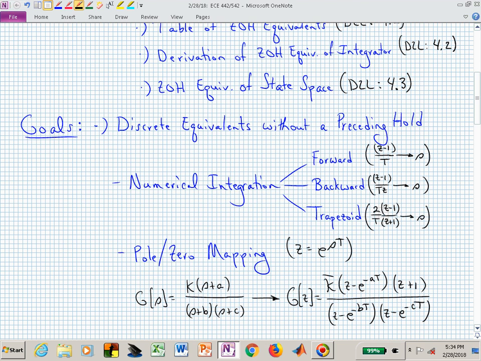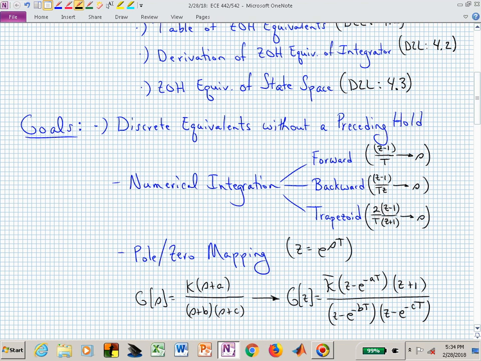But we have the forward integration technique, the backward integration technique, and a trapezoidal technique or bilinear numerical integration approach.